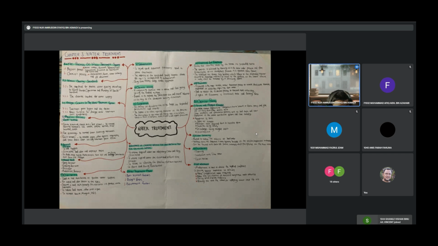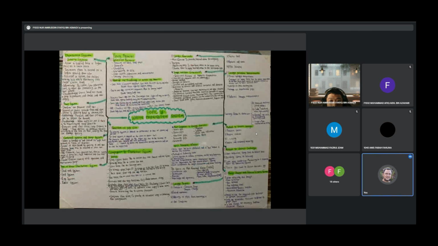Tajuk seterusnya adalah design criteria in the water treatment system. Tajuk ketiga ialah treatment plan layer and site factor dan basic criteria for design water treatment plant components.